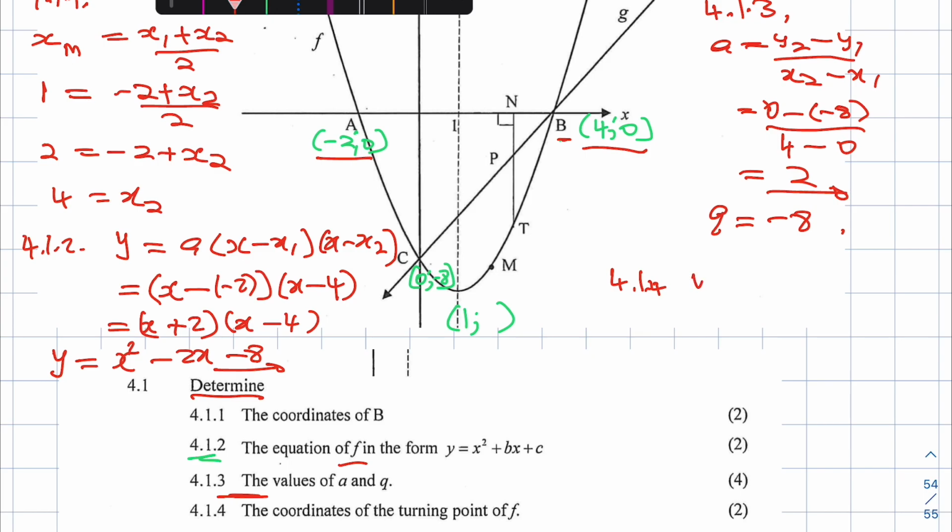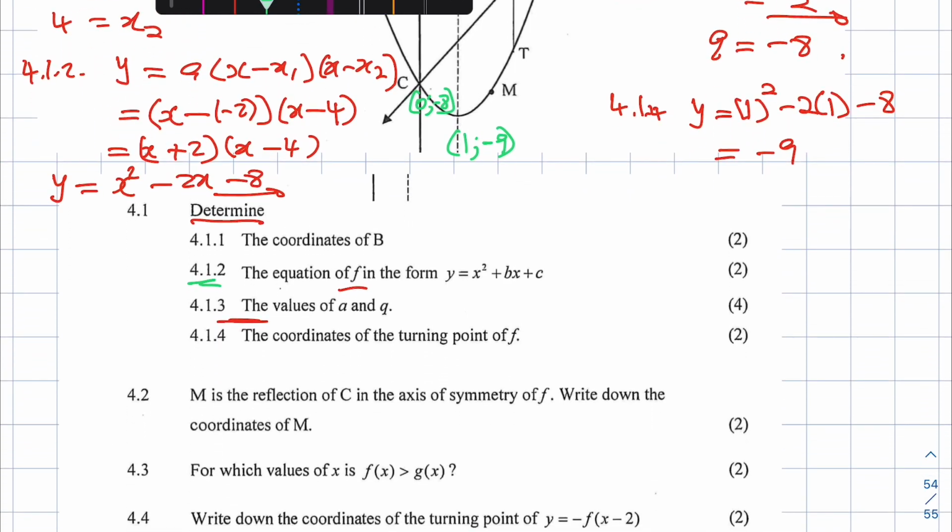So y is going to be 1 squared minus 2 times 1 minus 8, which will give us negative 9. So the coordinates of the turning point is 1 and negative 9. Okay, we are done with that question.